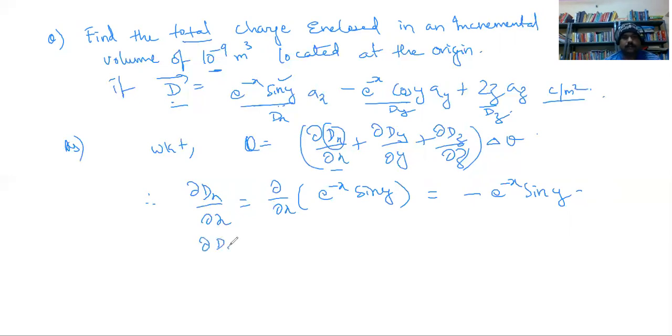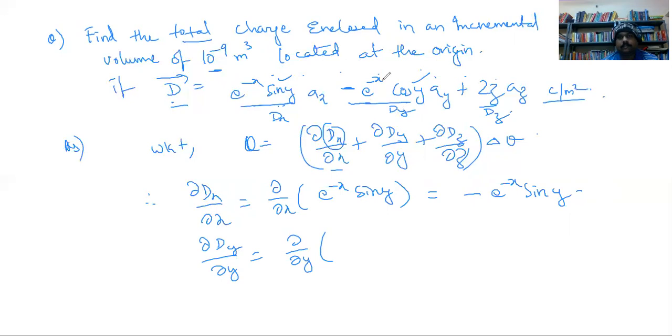Similarly, what is dou dy by dou y? Dou by dou y of what is dy? Remember, for the magnitude you have to take the negative sign also. By default, this is something into ax plus something into ay plus something into az. So remember the minus is also included for dy.